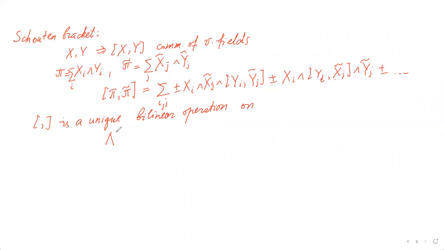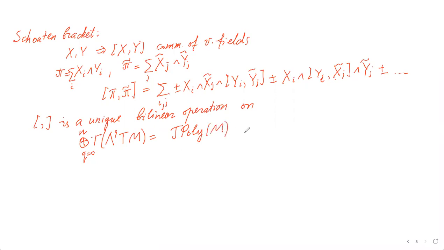I denote polyvector fields, sections of the exterior power lambda^q of TM for all q from 0 to n, the dimension of the manifold, by T_poly. Sorry, I think it should be T_poly, because they're tangent, they're fields, and fields are sections of tangent bundles. So T appears for this reason, T_poly of M.